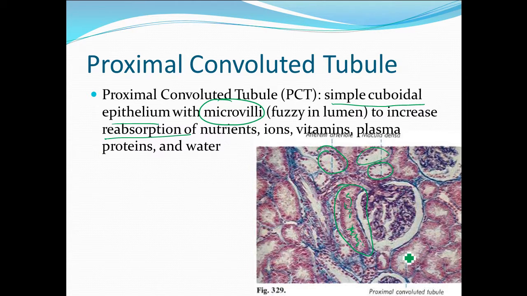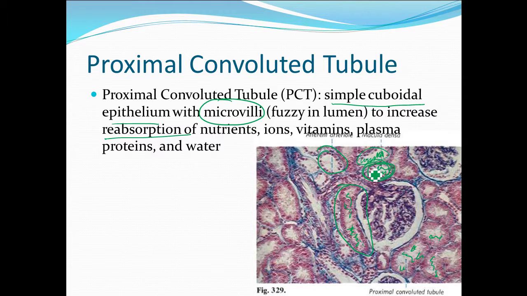So if you see that it's kind of fuzzy, you know it's proximal convoluted tubule. While if you look at these structures here, they don't have any fuzziness inside their lumen over here. So this is going to be a distal convoluted tubule. So that's how you're going to distinguish the two.